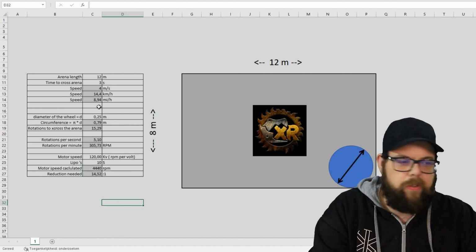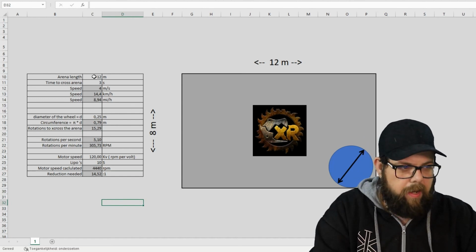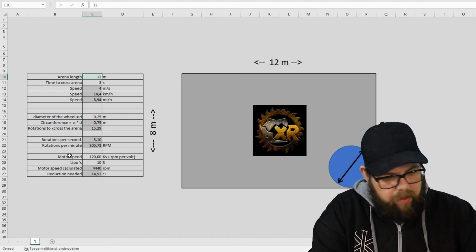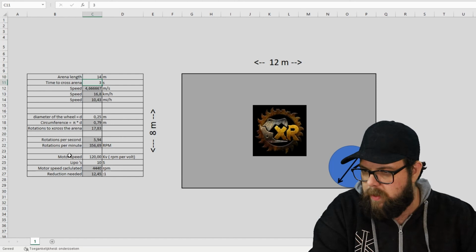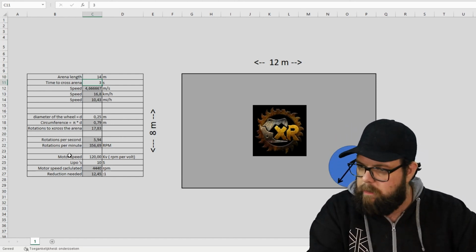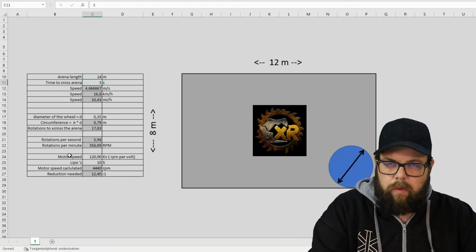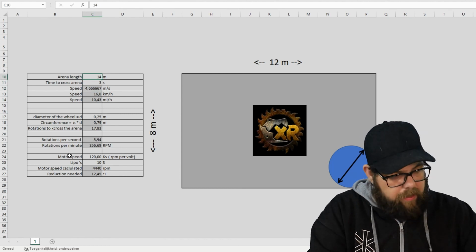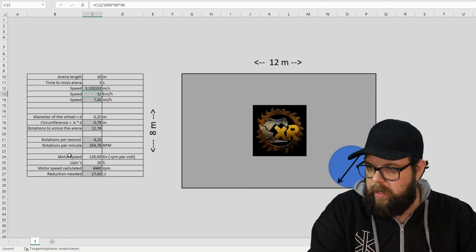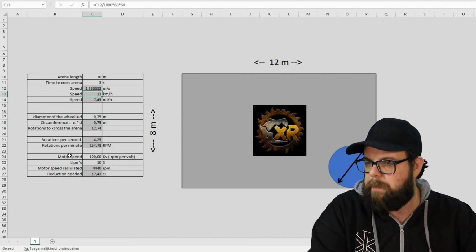So now we know, using this sheet, what happens if things change. So let's say the arena goes bigger, but we want to keep the same speed. We see our gear reduction go down. And if we change the arena size to a smaller one, it goes up.